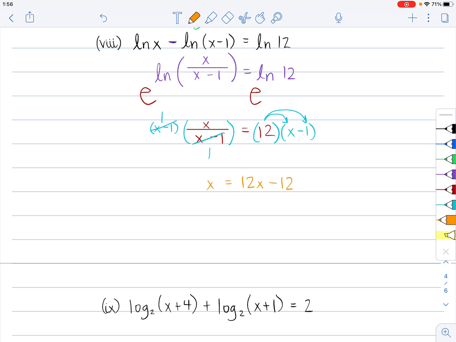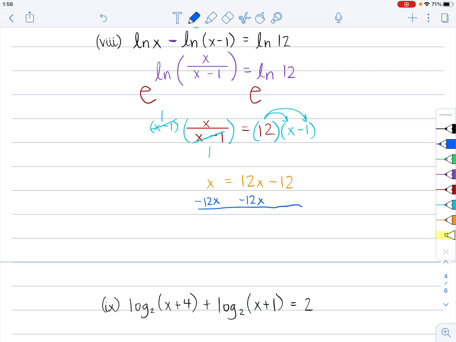Next, we want x's on one side, numbers on the other. So minus 12x, minus 12x is going to give us negative 11x is equal to negative 12.